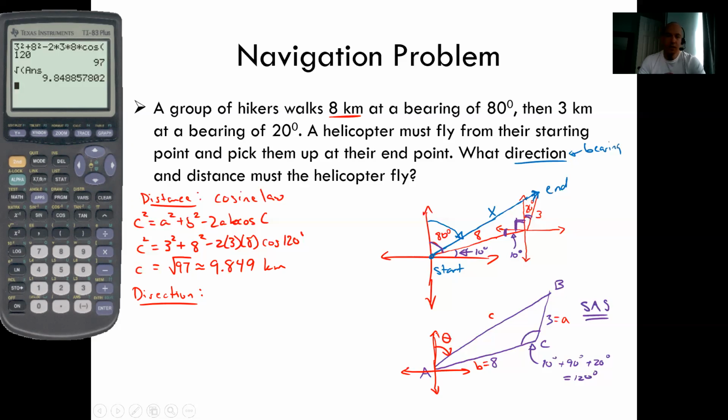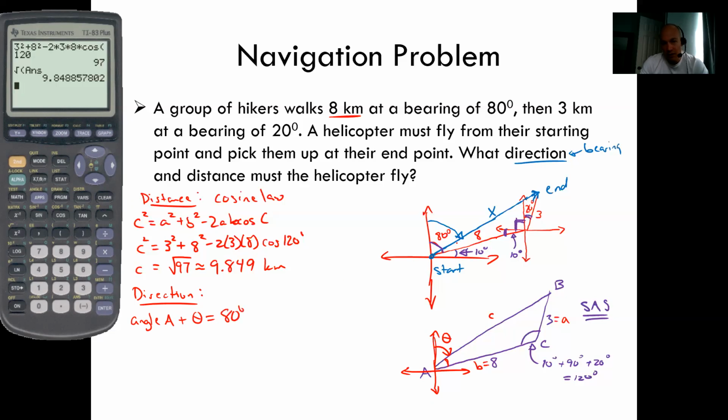So what I can say here is the angle, or the bearing, I guess, is that my angle A, which is inside, I could say that angle A plus theta is going to equal 80 degrees.